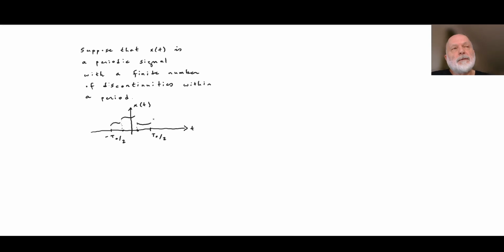meaning that we have also some existence conditions related to the derivatives of x of t. We can assume that x of t will have a derivative at points where it is continuous, and also we will have a derivative in the left sense or right sense when we approach the discontinuity.